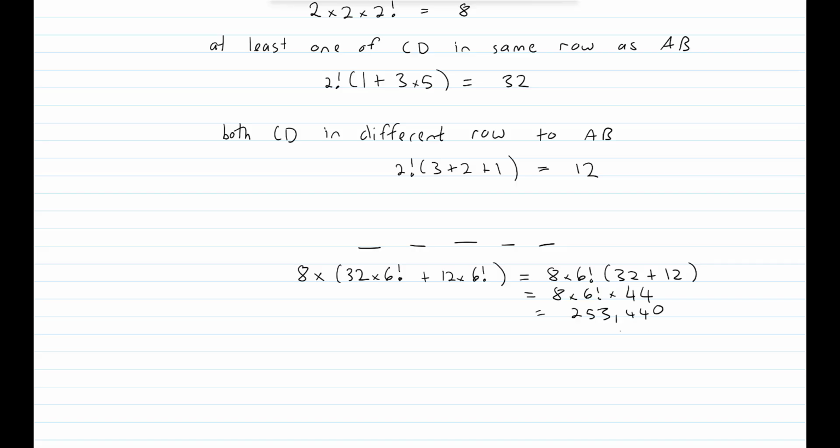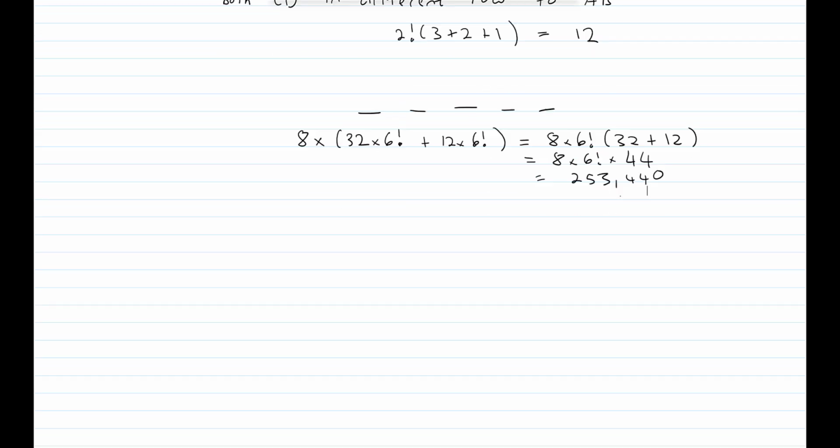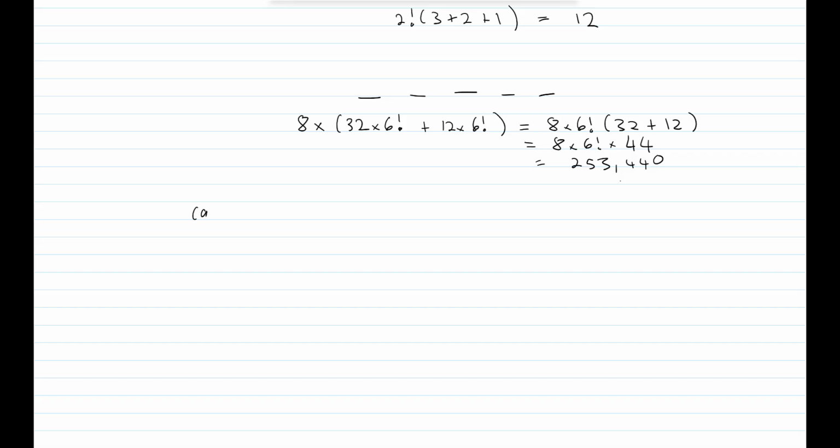And then we also have to consider A and B not at the ends of the row. So we'll call that case 2. So A and B not at the ends of a row. So we'll draw out our 5 seats again and the 2 rows.